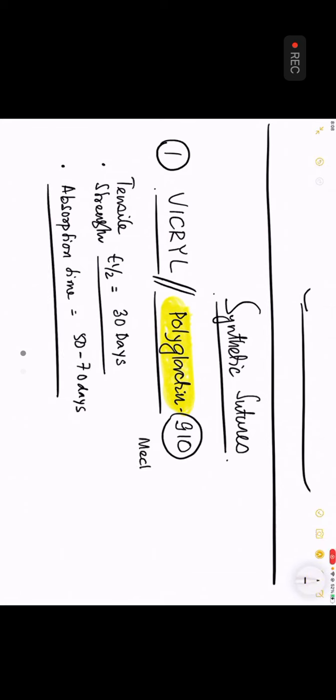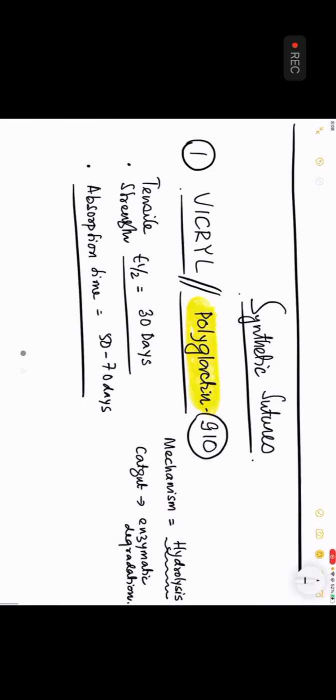The mechanism of absorption is by hydrolysis. So remember that for catgut, it is by enzymatic degradation.